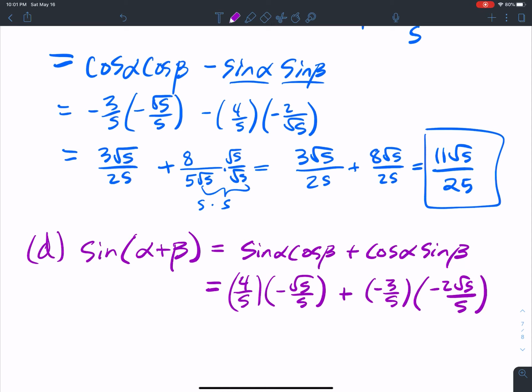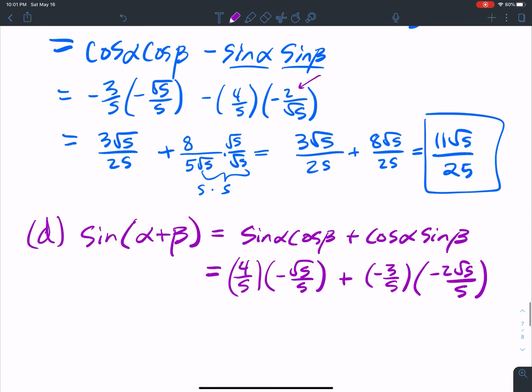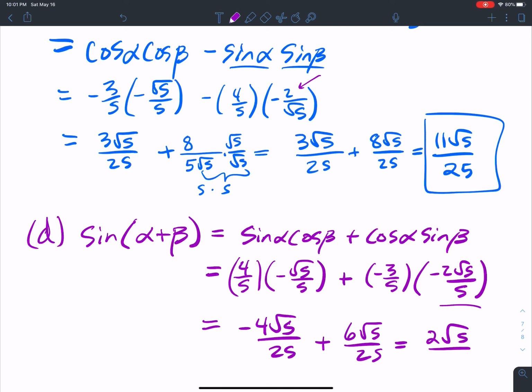I just went ahead and rationalized this thing right here. So for that last one, when I multiply through, I get negative 4 square root 5 over 25, plus 6 square root 5 over 25. So that gets me 2 square root 5 over 25 as my final answer.